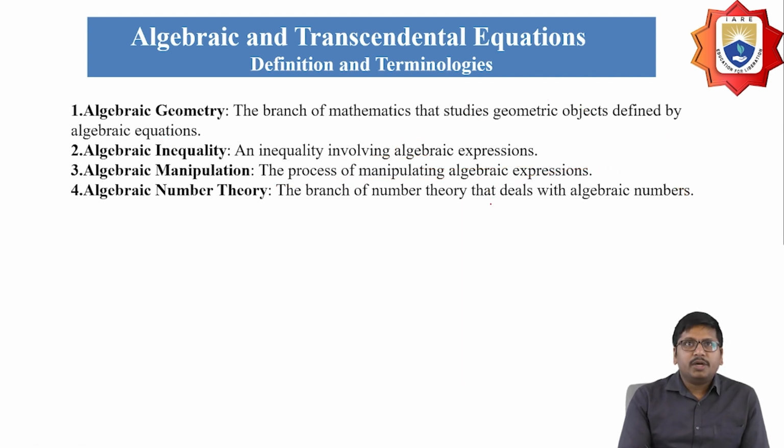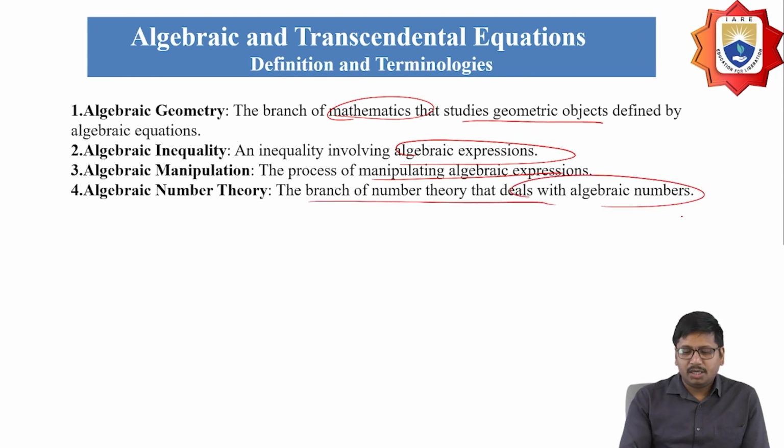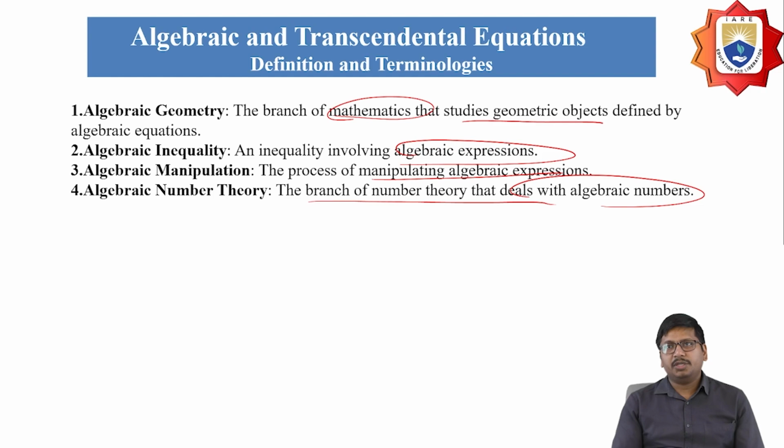Algebraic geometry is a branch of mathematics that studies the objects defined by algebraic equations. Algebraic inequalities involve algebraic expressions, and algebraic manipulation is the process of manipulating them. Algebraic number theory deals with algebraic numbers.